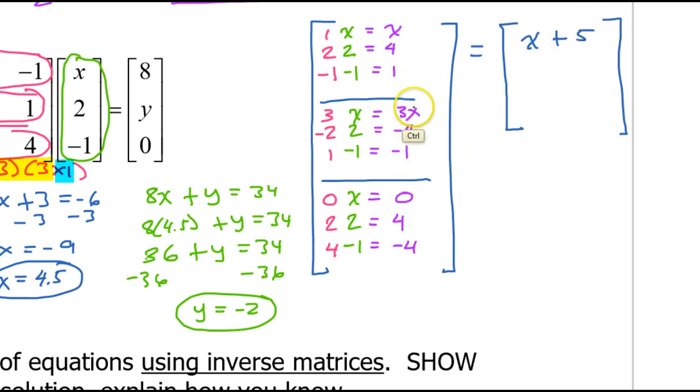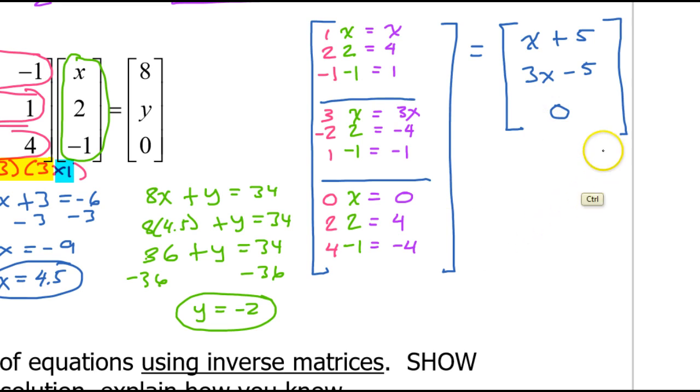In my second row, if I do 3x plus negative 4 plus negative 1, that's going to be 3x minus 5. And in my third row, if I add all of these up, I get 0 actually.